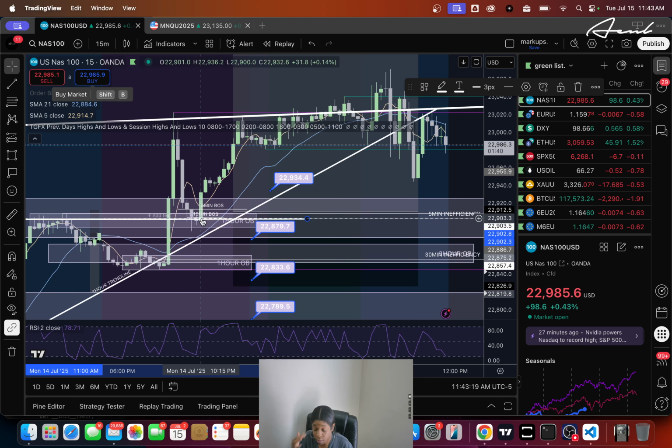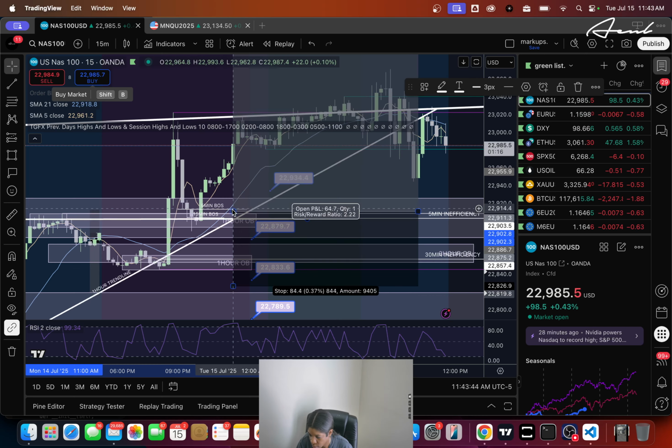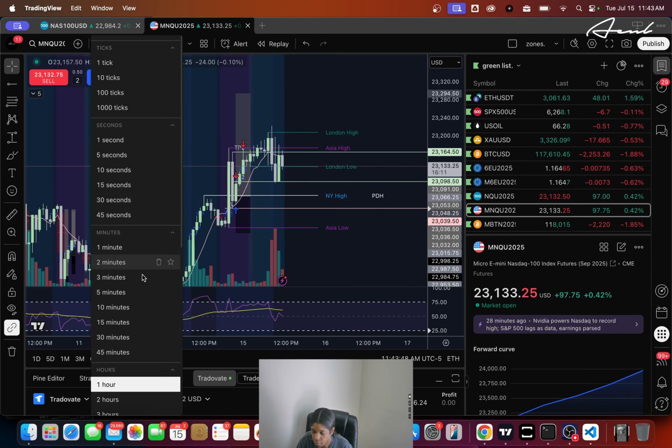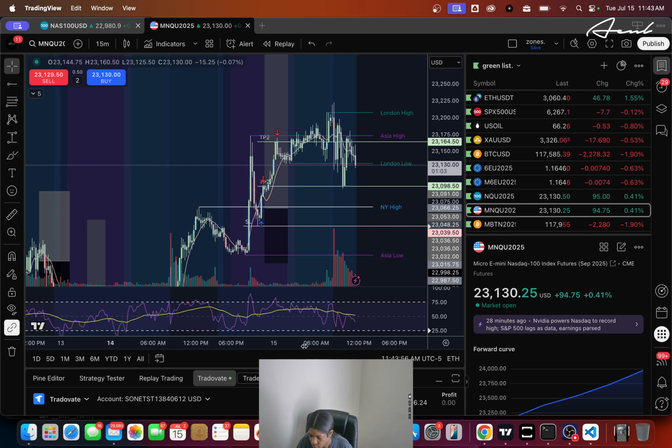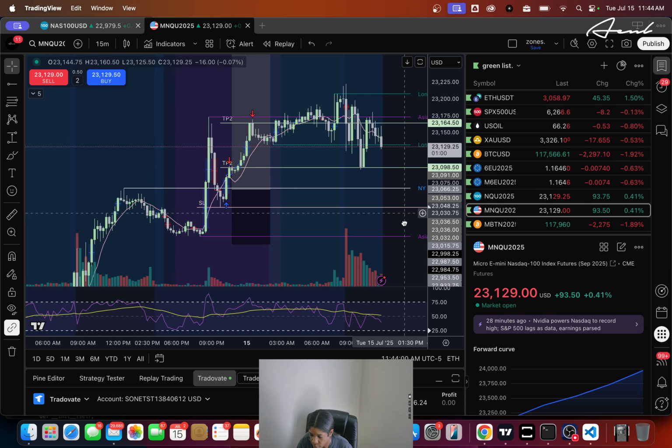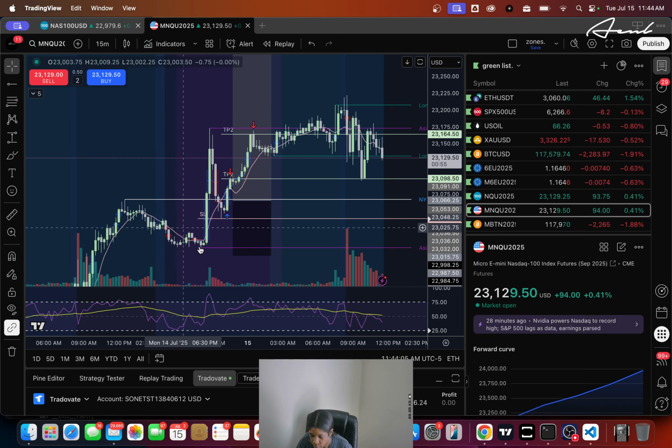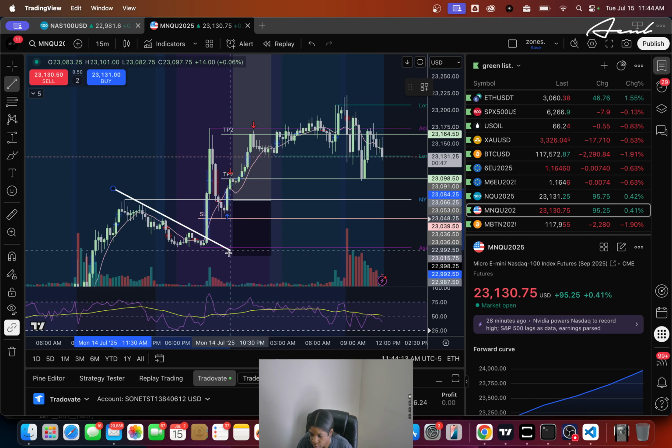Price pushed up, and then we came back down into this area here.